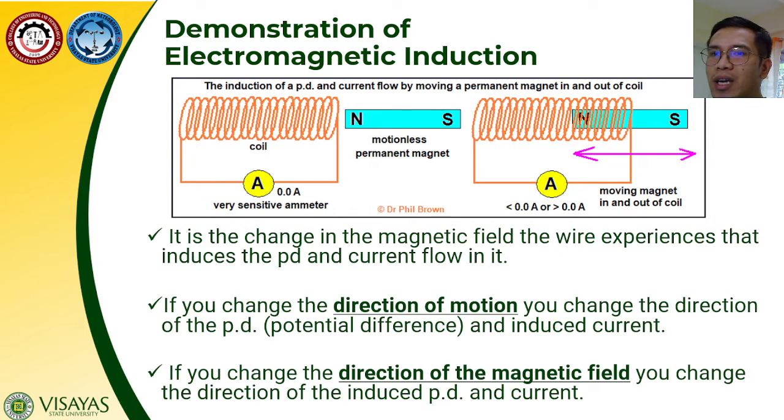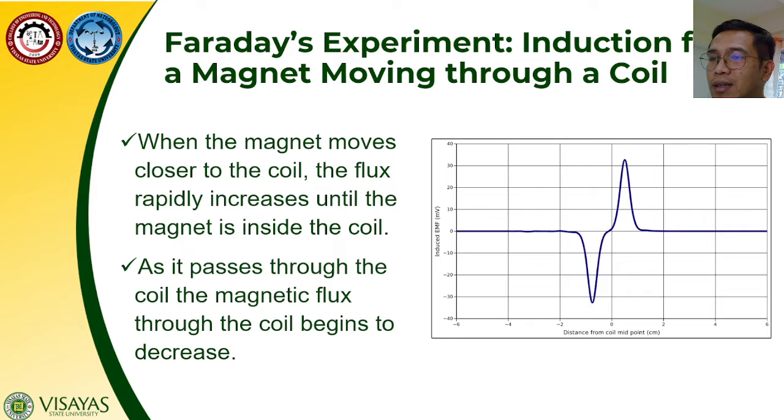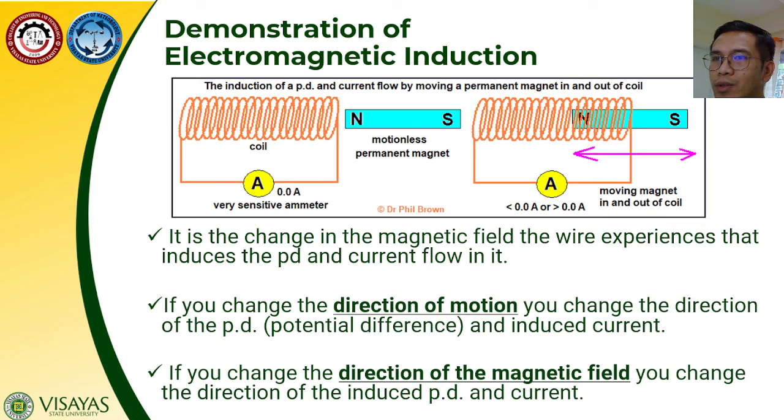So when the magnet goes in, we should get a blip of an ammeter reading above 0 ampere or positive reading in one direction, and when you pull the magnet out, we also get another blip of an ammeter reading of less than 0 ampere or negative na ang sign sa atong reading. So the reason for these two opposite readings, however, these readings are numerically equal. Pareha sa atong graphs, opposite but equal magnitude.